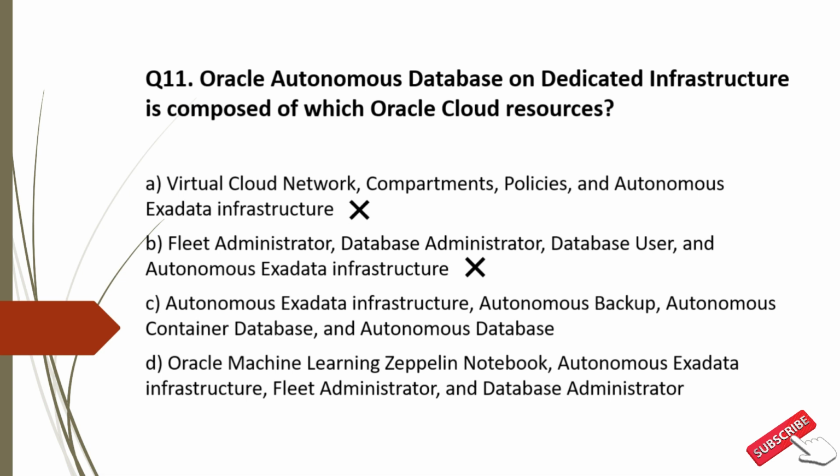All of these four are available. Option D, Oracle Machine Learning Zipline Notebook, autonomous accelerator infrastructure, fleet administrator and database administrator. This is incorrect too, as only autonomous accelerator infrastructure is valid, rest are not. So the correct option for question 11 is option C.